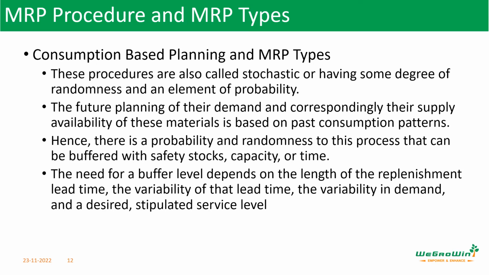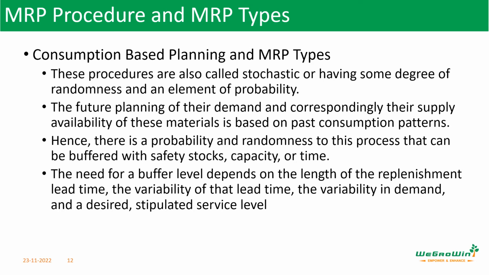It is like a probability. If you take the regular, deterministic MRP, there we know exactly what the demand is, what the inventory is, what the balance is, what the shortage is, and according to that the system gives the proposal. But here we are assuming that the same consumption may happen, or that in the future there may be some consumption. We are assuming something, then calculating it. So there is a probability and randomness applied here.